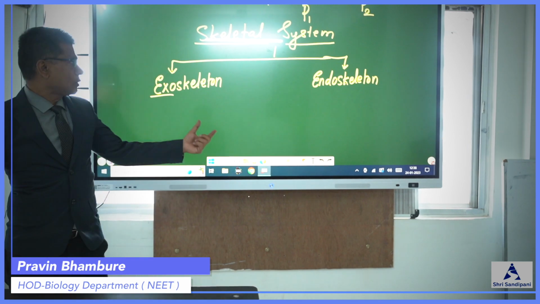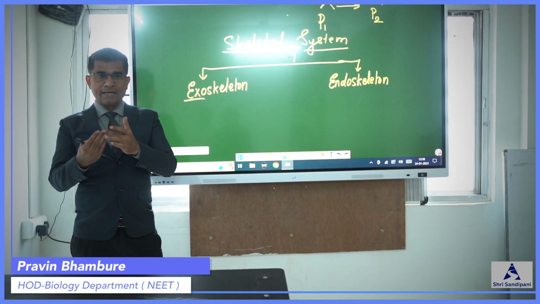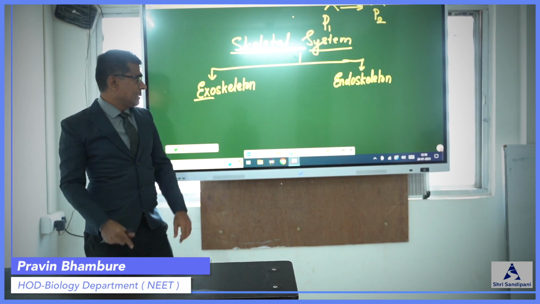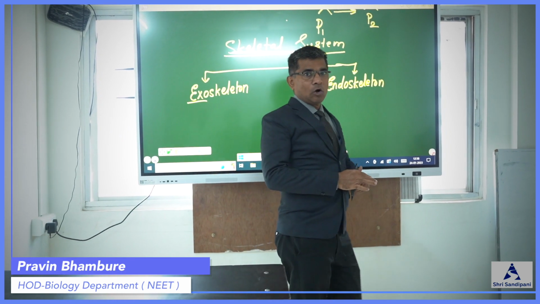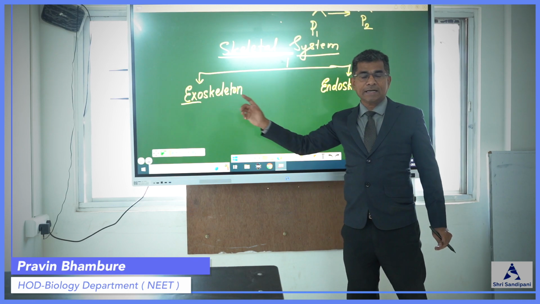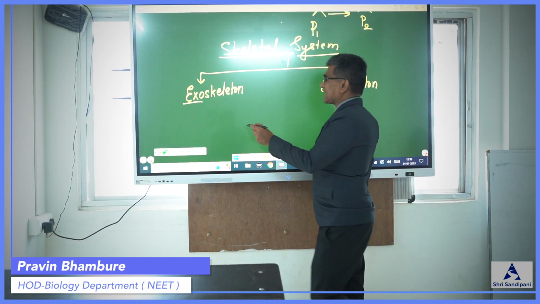Now, when we talk about exoskeleton, say for example, when we observe our own body, there are nails. If we talk about cows, buffalo, there could be horns, there could be hooves, and all these body parts constitute exoskeleton. In case of fishes, you can see the scales around their body.